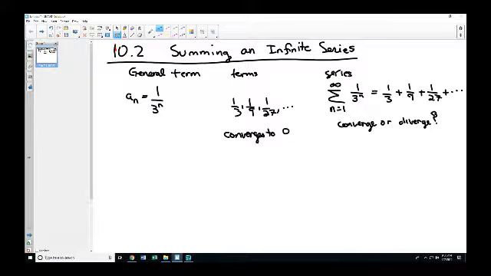Okay. So series have something called partial sums. Partial sums are important because they're how we determine divergence or convergence.